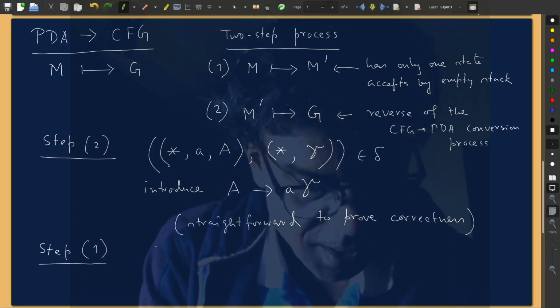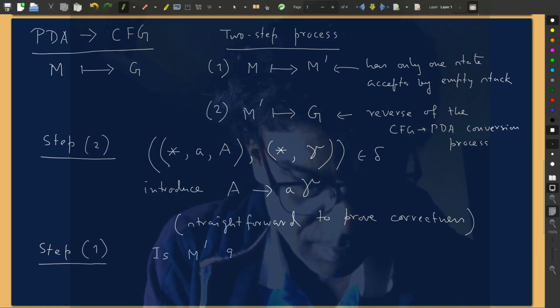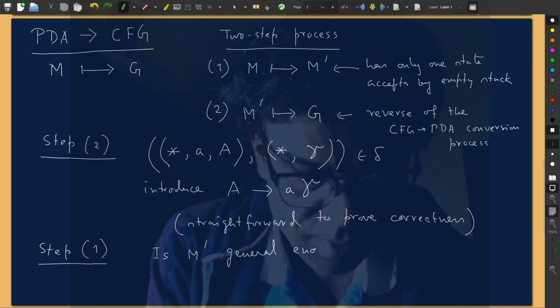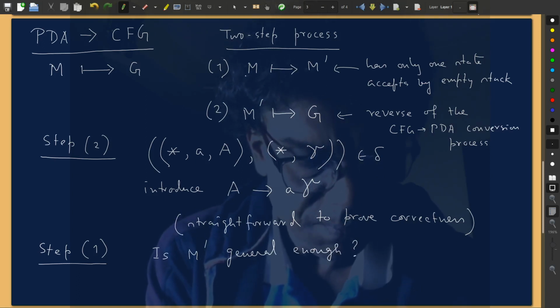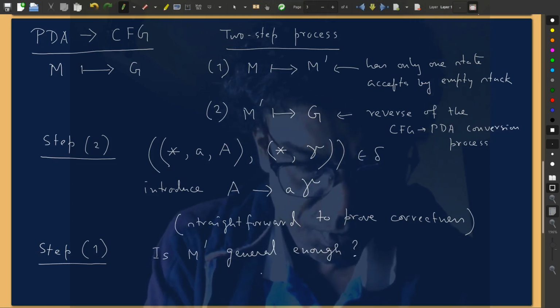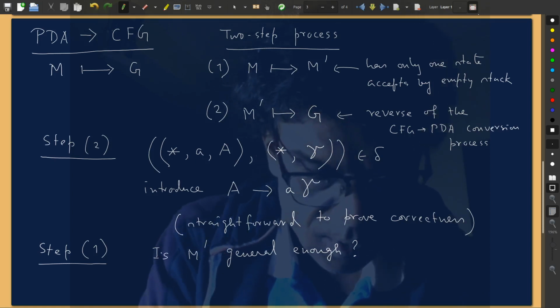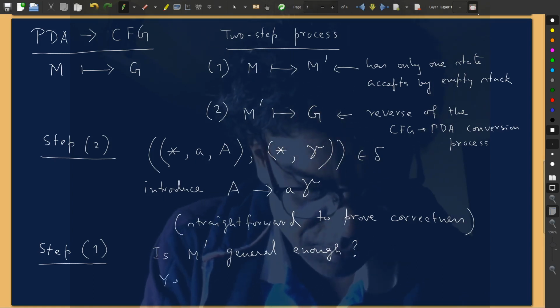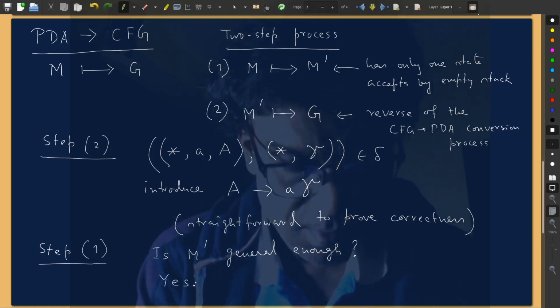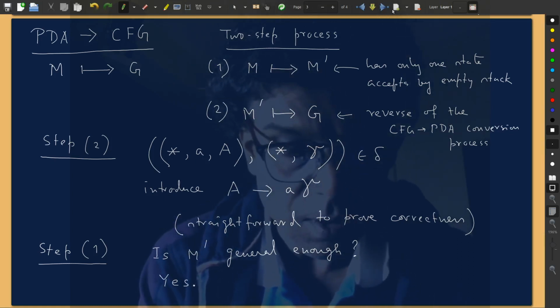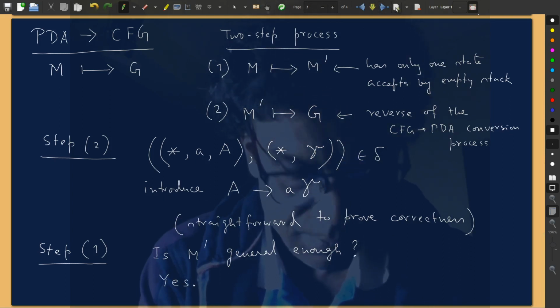In other words, is M prime general enough, in the sense that any PDA with possibly many states can be converted to this form? Okay. So we will now see that the answer is yes. So that is the most complicated construction of today.